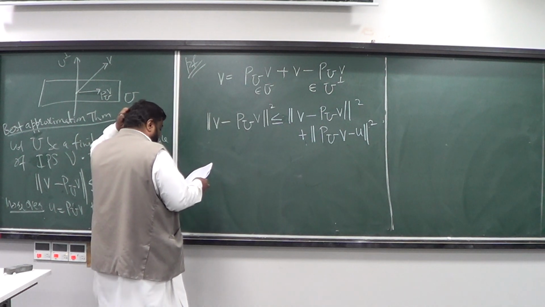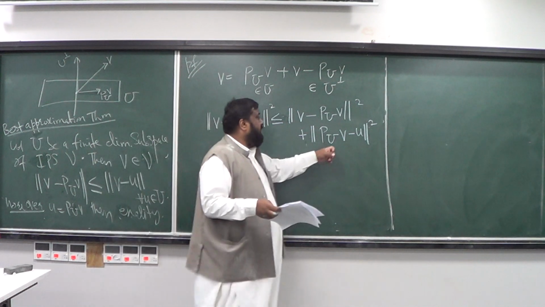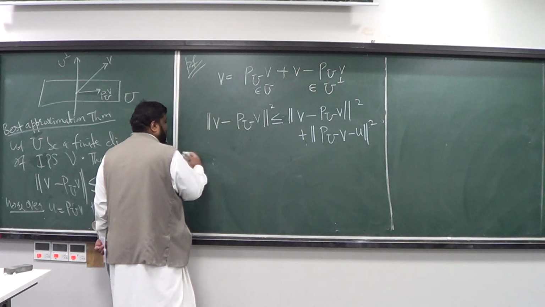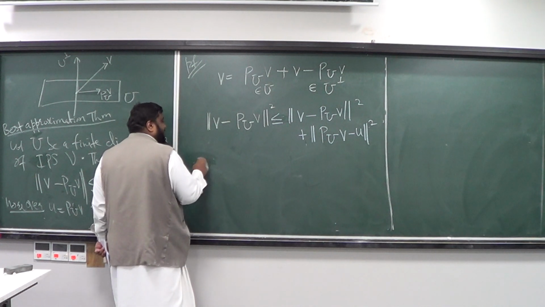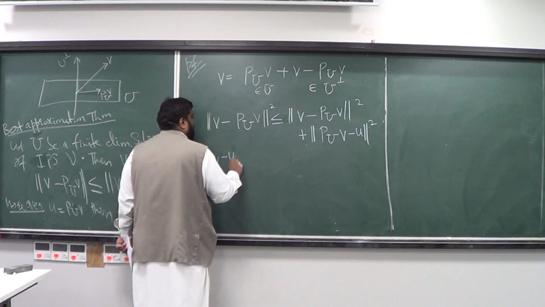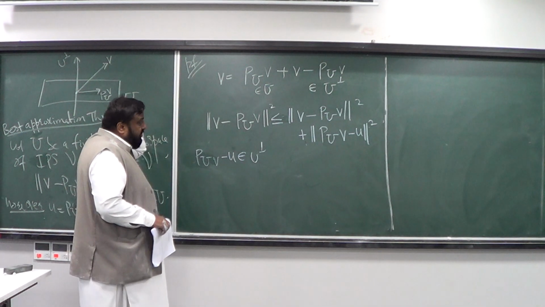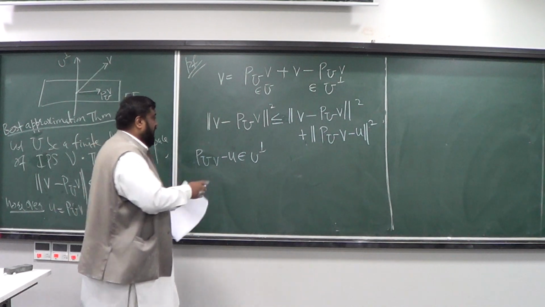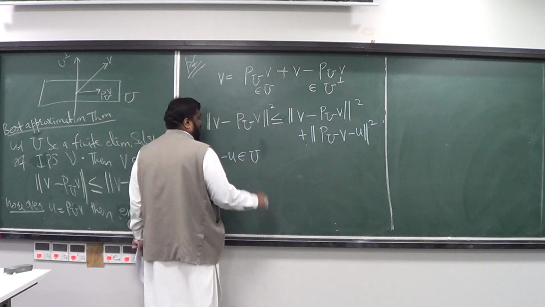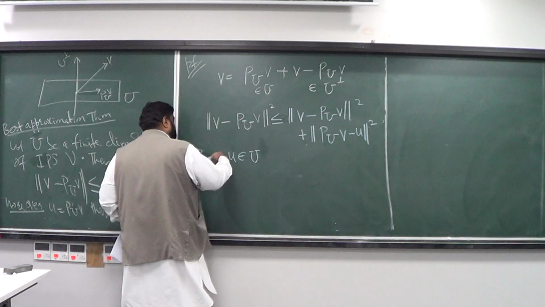Now, what can we say about this term? You can check that this P_U V minus U belongs to the space U. Why does this belong to the space U?